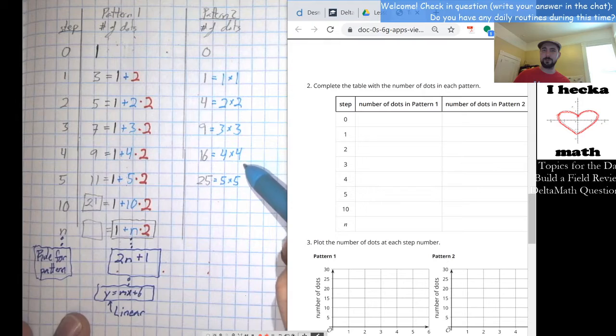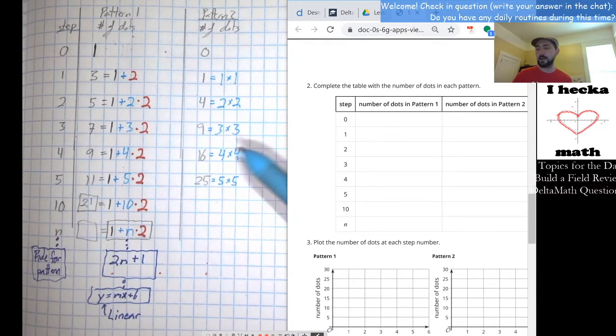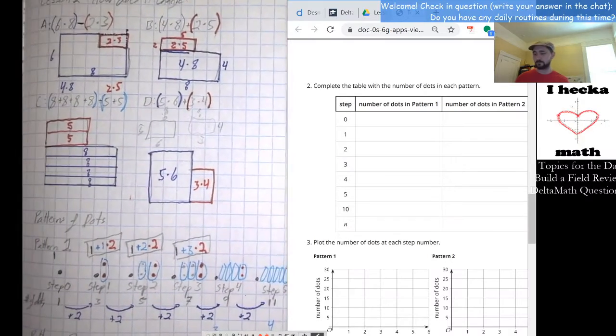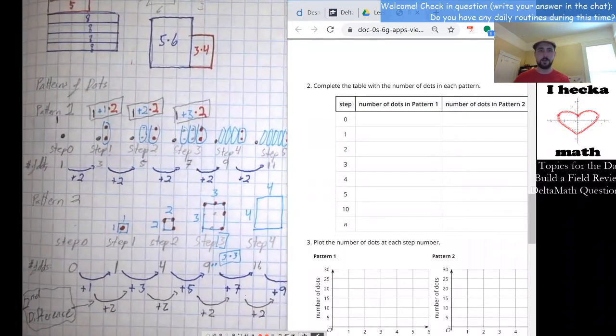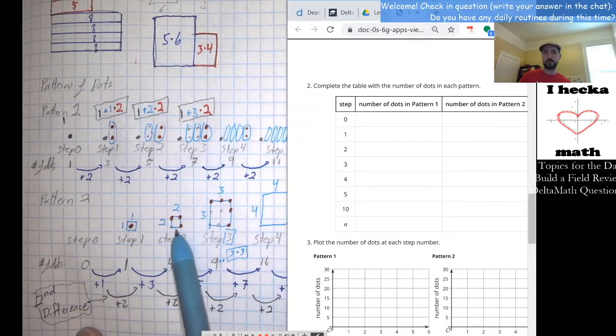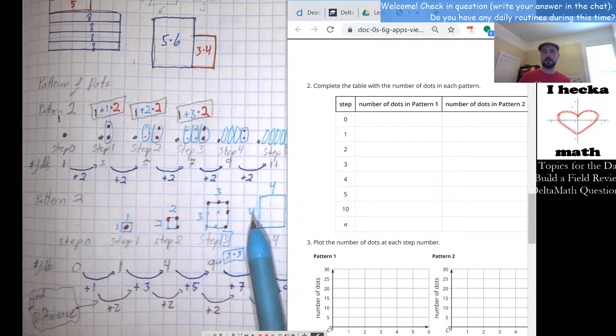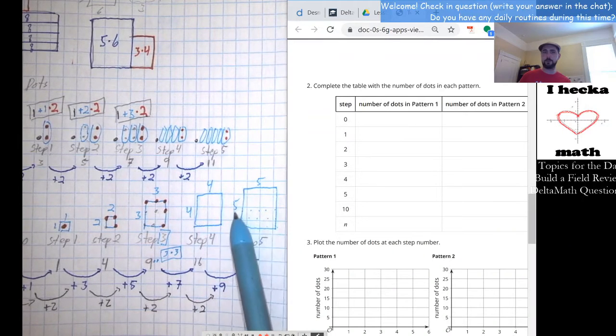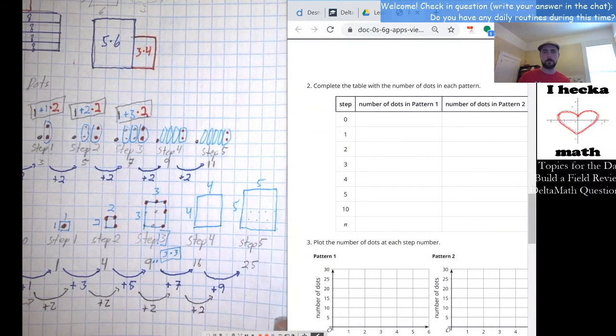Now, if that was too fast, go back and make sure you are looking at what we did and what we said in our light blue annotating for each step. Step 1, step 2, step 3, and I didn't put in the dots, but step 4 and 5 was a 4 by 4 and a 5 by 5.